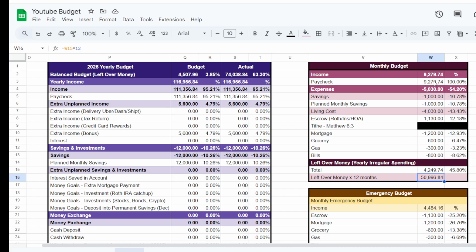Here, I did not add my bonus money into this, but maybe I should. Here, I'll just put the bonus money in here.